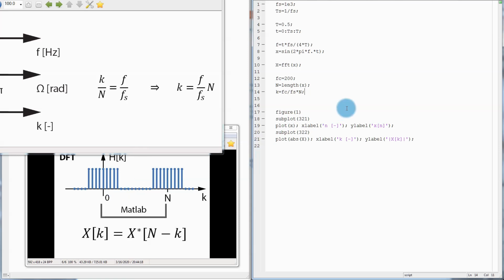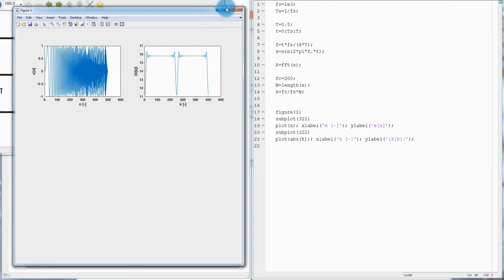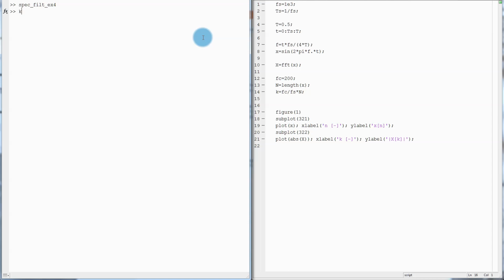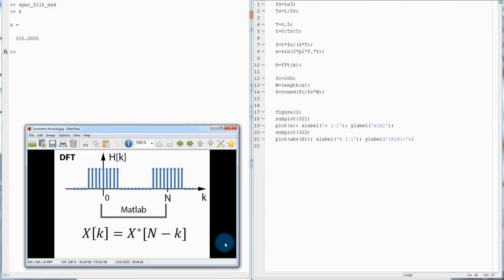Well, almost. If I run this code and I take a look at what my k is, I will find out that my k is not an integer. And this is a problem. The k has to be an integer, so we need to round it. And now I have actually found the index that corresponds to this line.